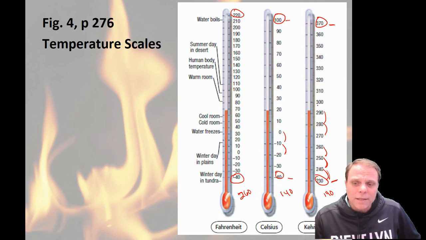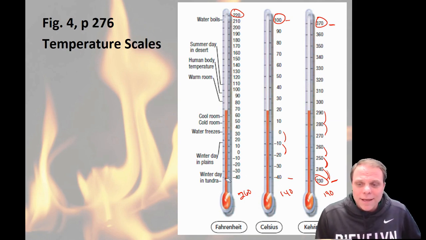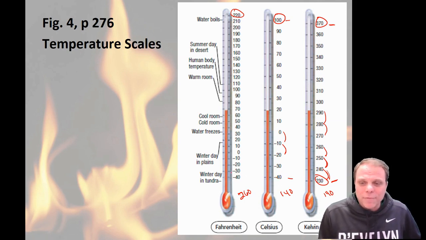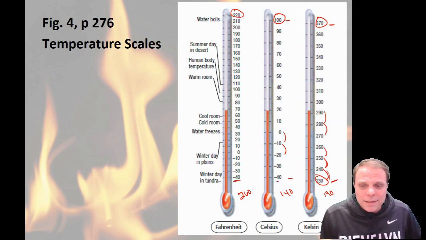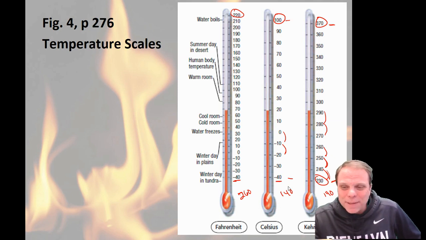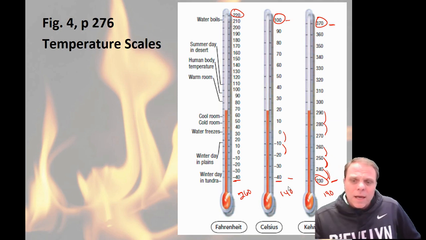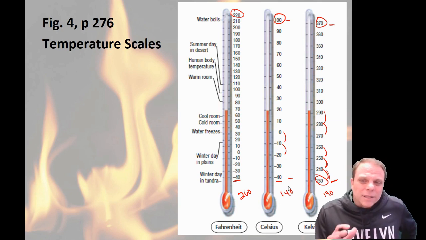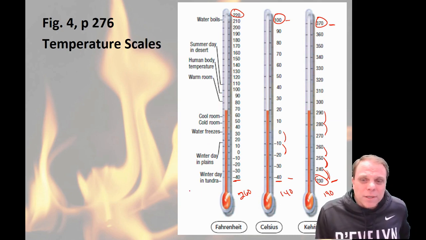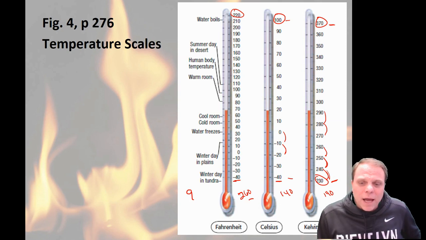But it's also kind of interesting to note that there's one place where the Fahrenheit and the Celsius scales are equal to each other, and that's at negative 40. All right, a little piece of trivia there for you. The basic degree to which they are different from each other, there are 9 Fahrenheits for every 5 Celsiuses.